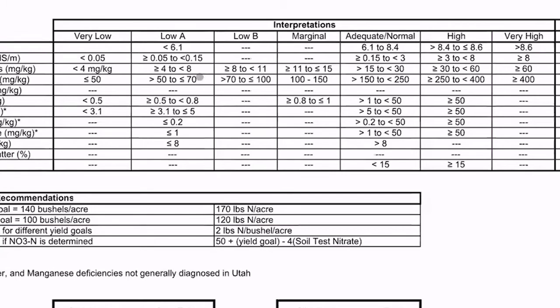And so you can compare then. If you get a soil test value, let's say for phosphorus at 8 parts per million, you know that you're in that low category. So what does that mean in terms of recommendation?